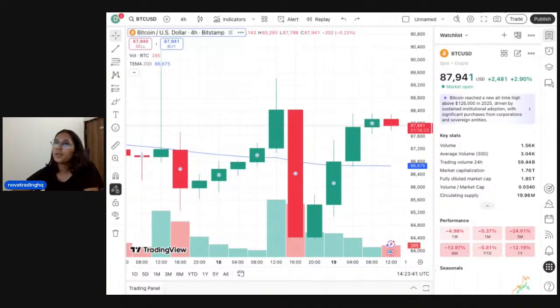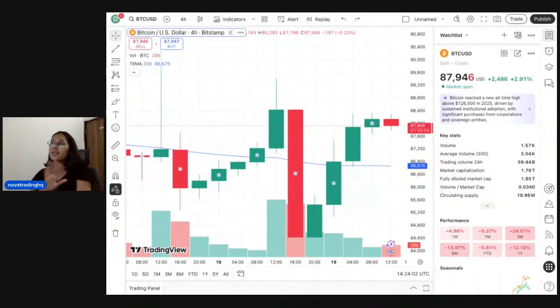The high was approximately 89,000 something, and the low was 87,200 something, right? So this is not a normal bearish candle, right? This is kind of a true liquidation candle, right?